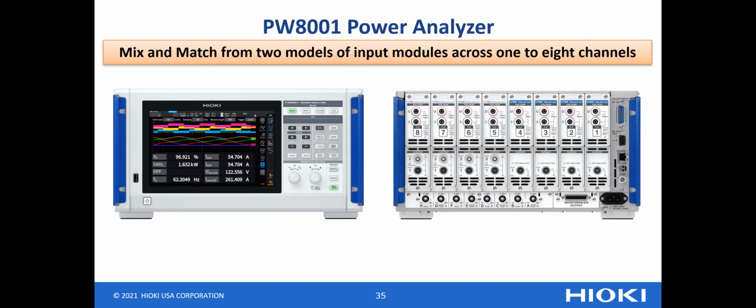The other is specially designed for high-speed applications, such as GaN and SiC inverters. Again, this meter offers up to 8 channels, not 7 or 6. A channel count of 6 or 7 is very typical for existing power analyzers on the market. So 8 is the maximum channel count, and you can freely create the configuration you want with this meter.